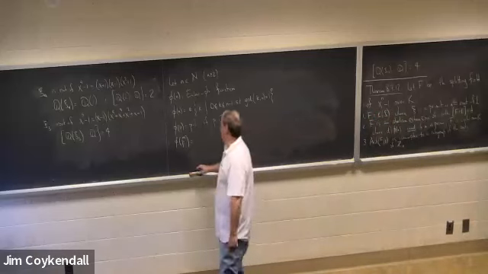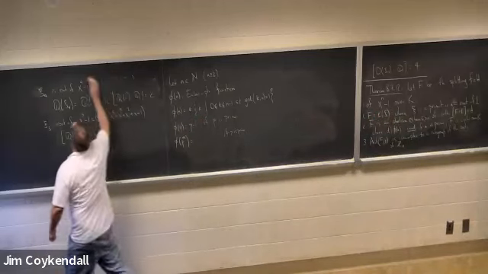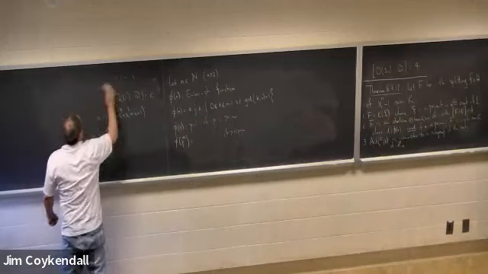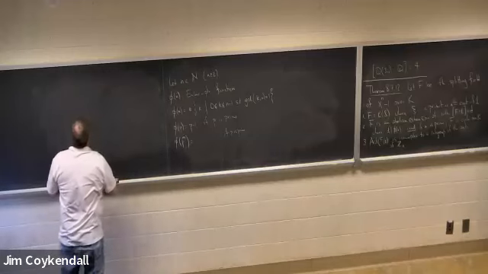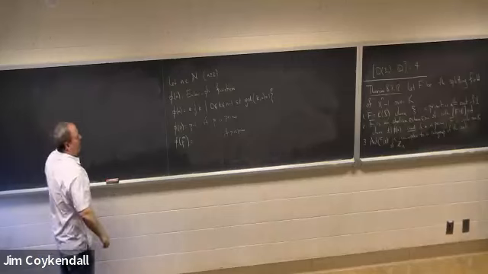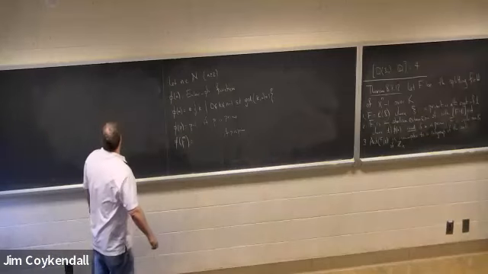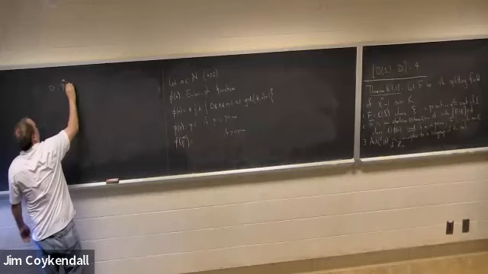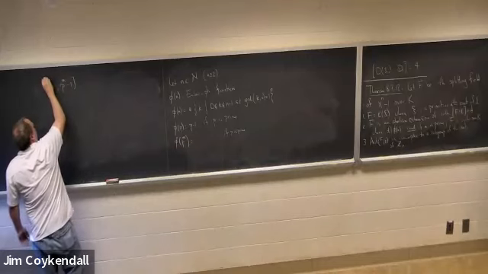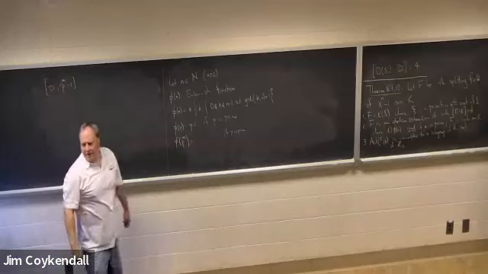Well, actually, for this one, it might be best to count the things that aren't relatively prime. So let's go from 0 up to p to the m, looking at all integers in that interval.